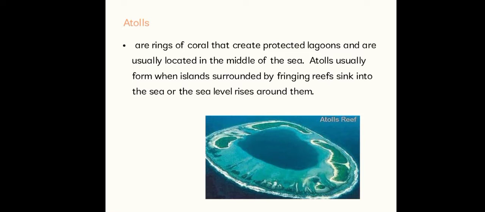The formation of an atoll is a slow process that can take millions of years. It begins when an underwater volcano erupts, creating a buildup of lava on the seafloor. With continued eruptions, the lava continues to build until it breaks through the ocean surface and forms an island.